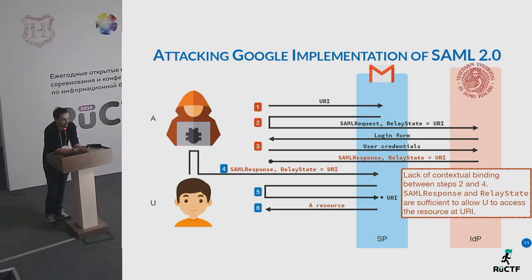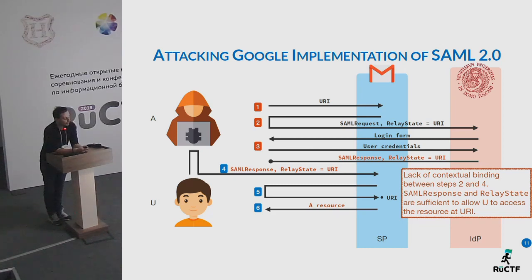So the attacker is running the protocol, and it stops after authenticating. If you contact the attacker website, you're just redirected to the relying party, in this case Gmail, and the contents of the messages are the SAML response and the relay state URI, which can be used to complete the protocol flow.